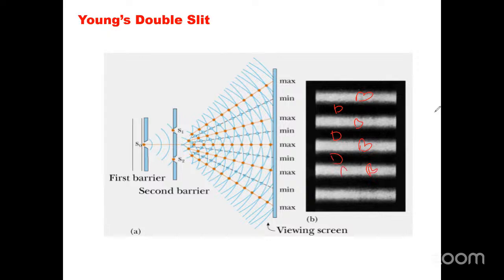So these are called fringes. This is the bright. So you can call these fringes. Bright, dark, bright, dark, bright, dark. Okay.